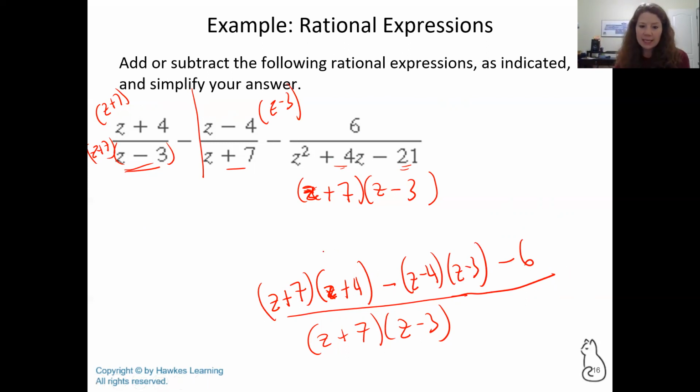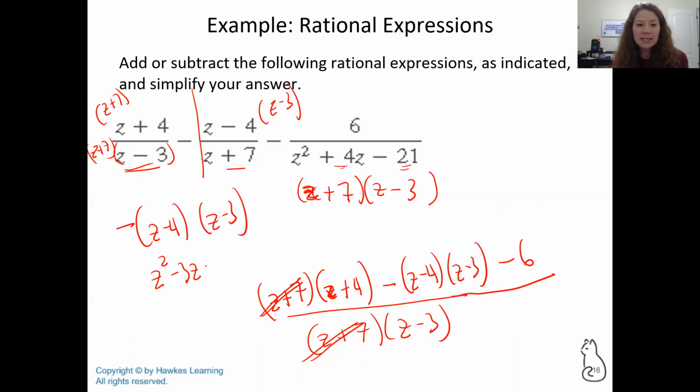So basically, when we write it this way, we see that z plus 7 goes away. And then it looks like z minus 3 goes away, but let's see, if we distributed that negative sign, we would do minus z minus 4, z minus 3. If we FOIL this, we would get z squared minus 3z minus 4z plus 12, and that's a negative.